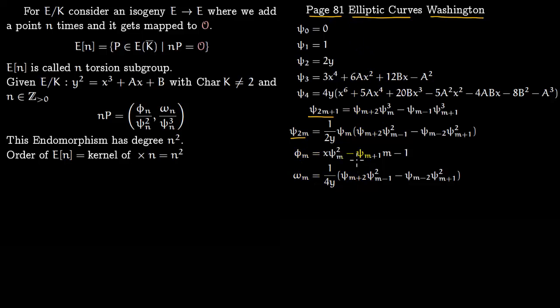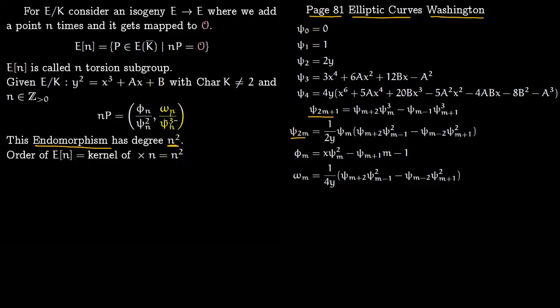All this you can find on page 81, and around it is proven that this is an isogeny and the degree of this endomorphism is n². We are not going to prove this result that nP is precisely given like this and the degree is n². You can see the book.